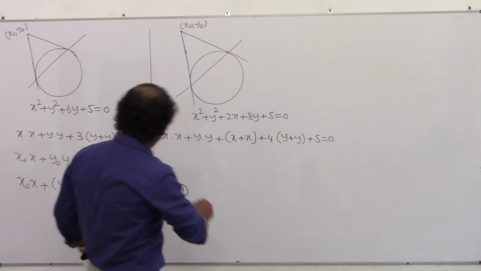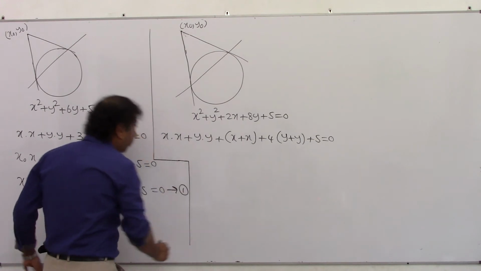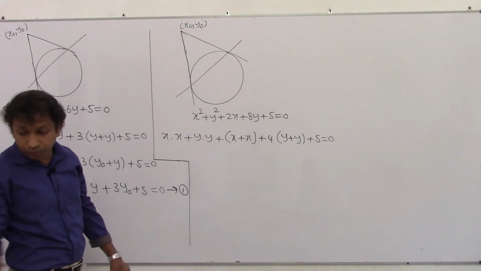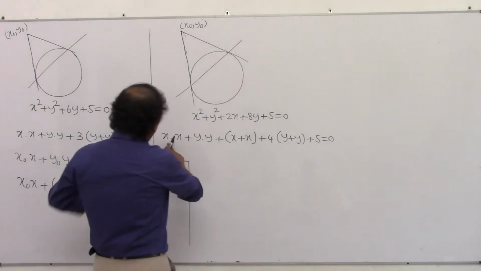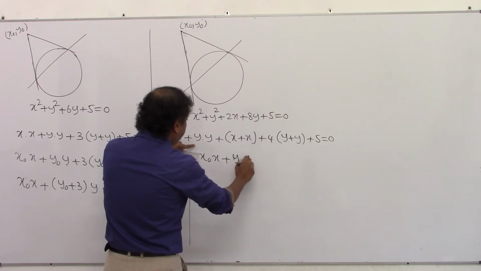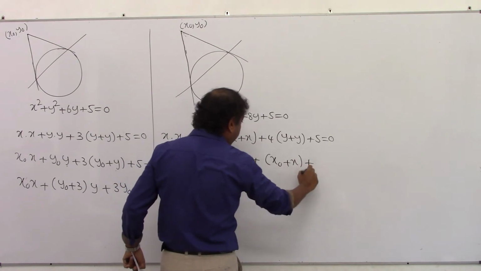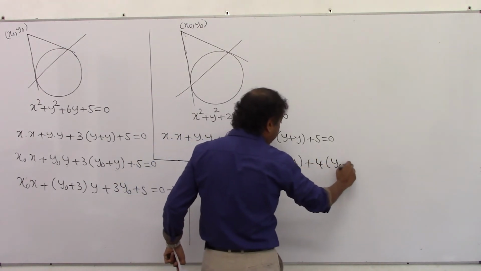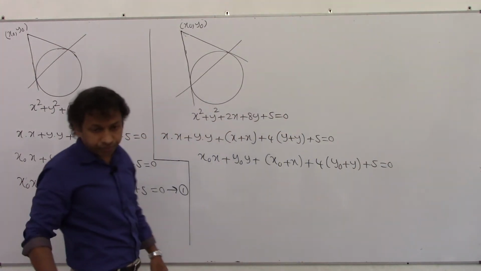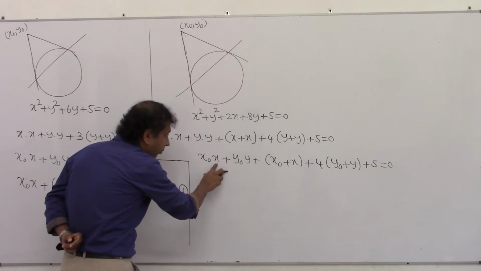Now we can find the chord of contact for the second circle. What we do is substitute here x naught x plus y naught y plus x naught plus x plus 4 times y naught plus y plus 5 equals 0. I will take the x terms together. Here we have an x term, here we have an x term.